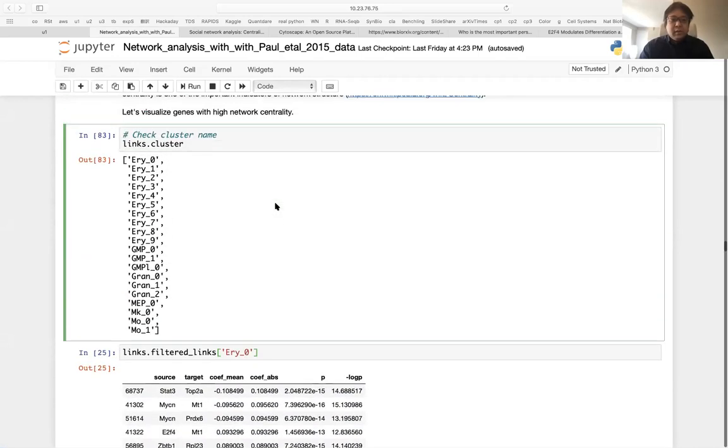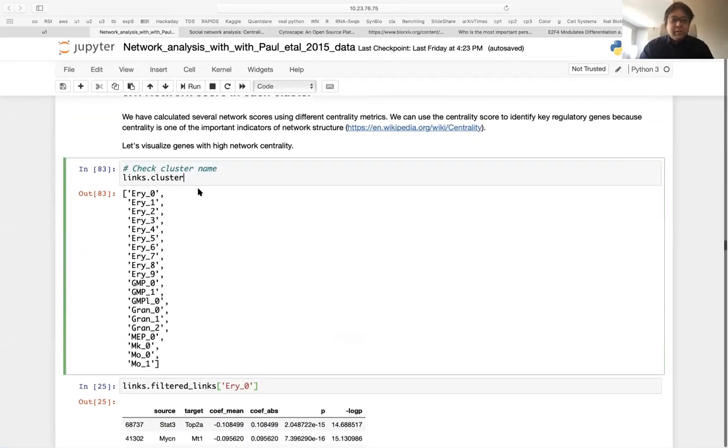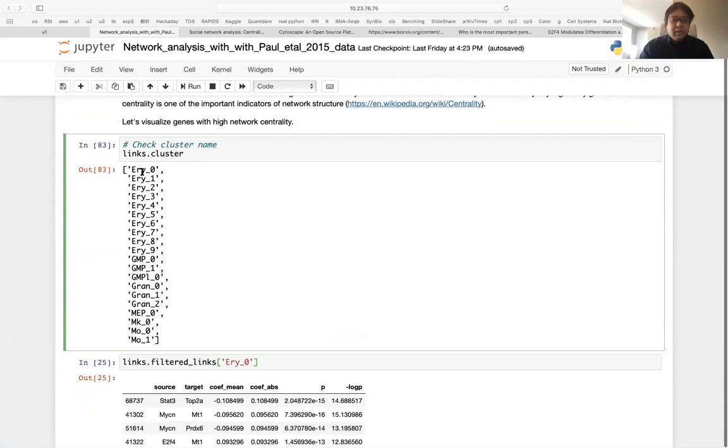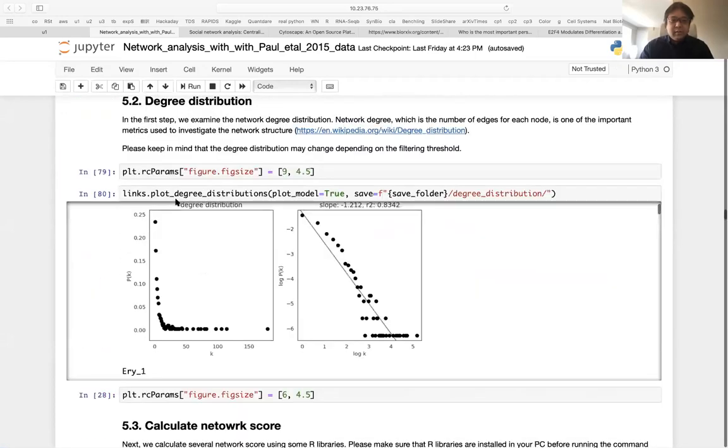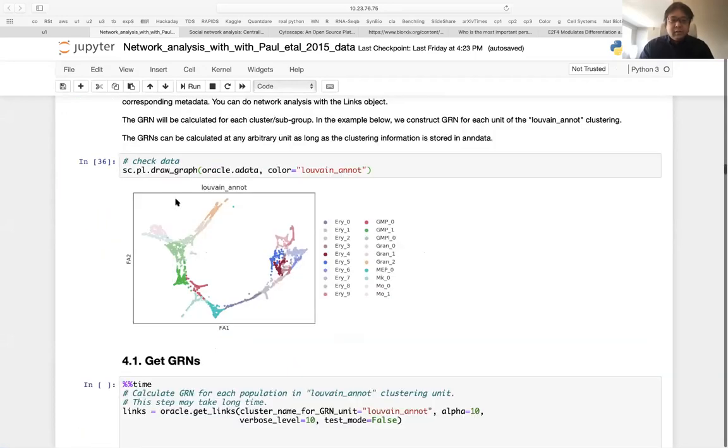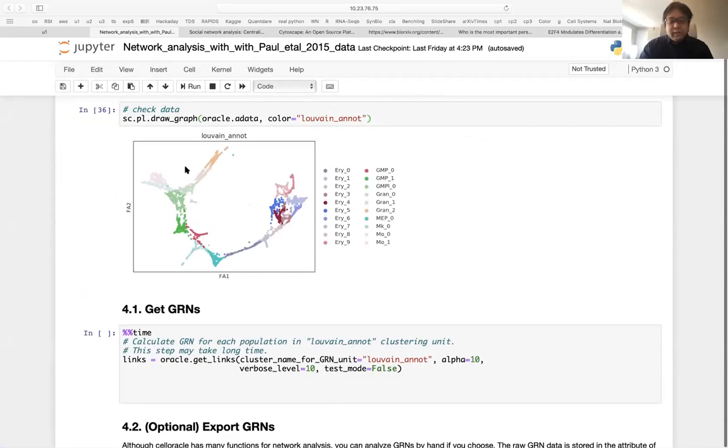Okay, so in your object, this is your single cell RNA-seq data. For example, here you have many clusters like cluster 0, 1, 2.